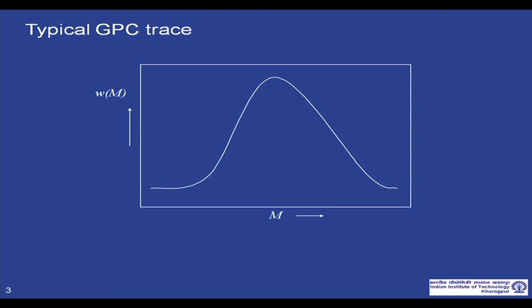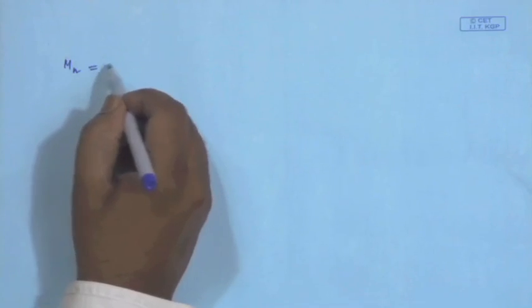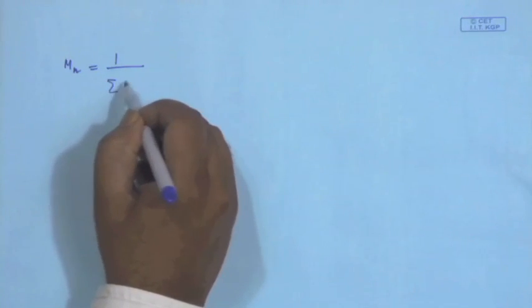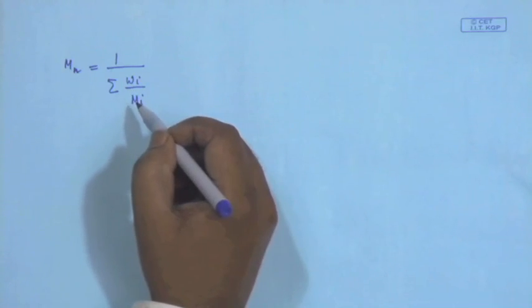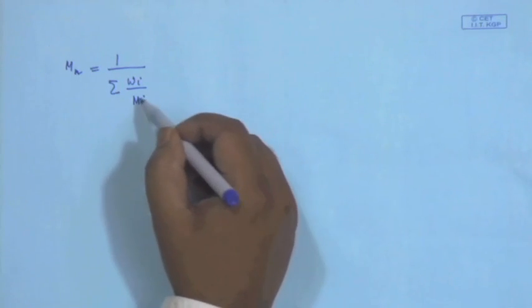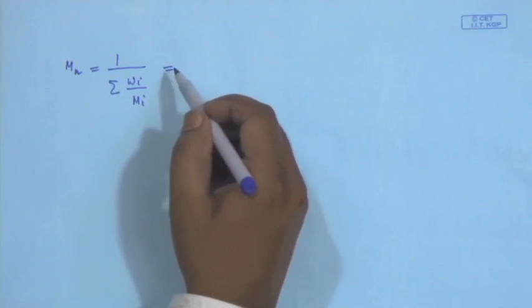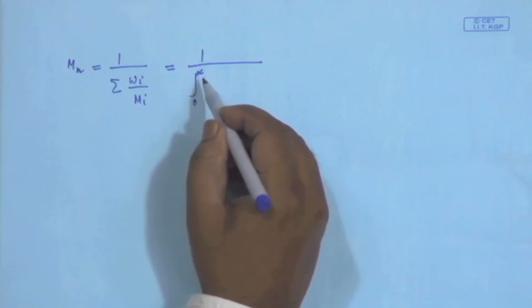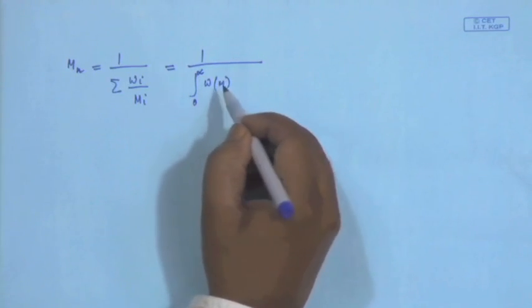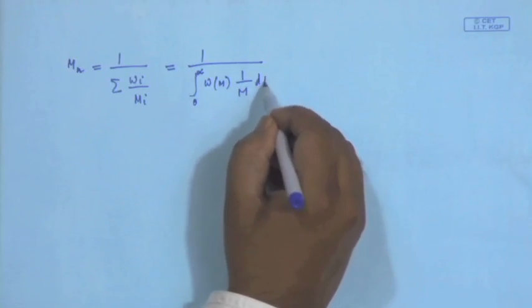The requirement for this transformation is because we know the definition of Mn is given by the sum of W i Mi, where W is the weight fraction of polymer chains having molar mass Mi, and we can express this in integral form like this.